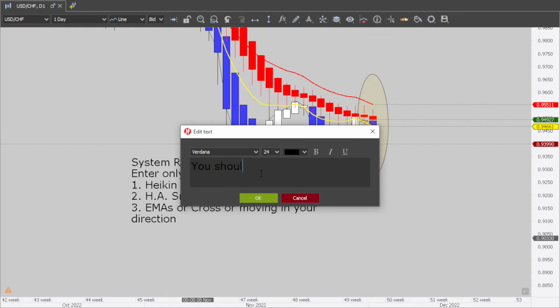You should not enter right now. I'm telling my kids you must, but because I'm not your father, everybody, you should wait for the daily candle to close.